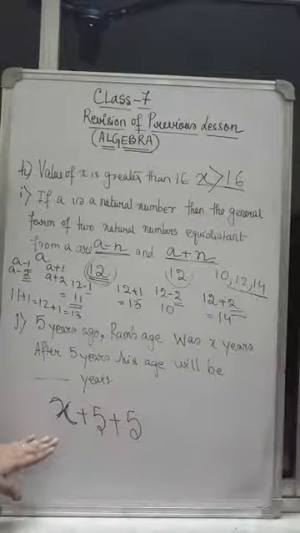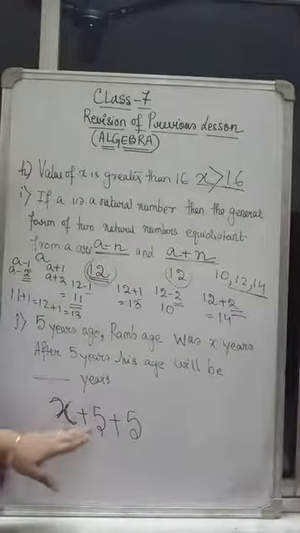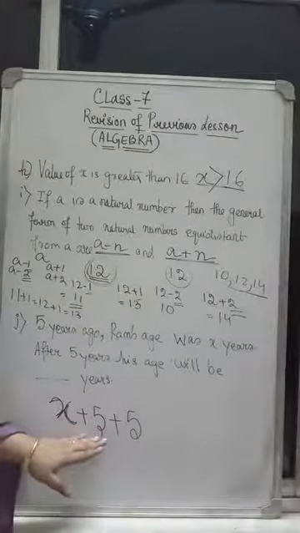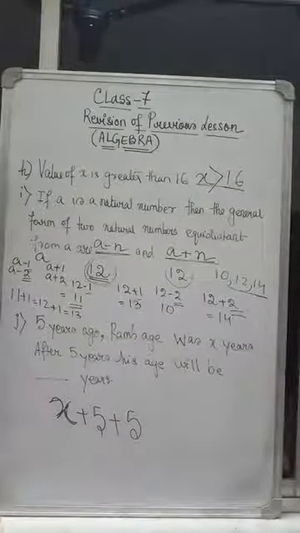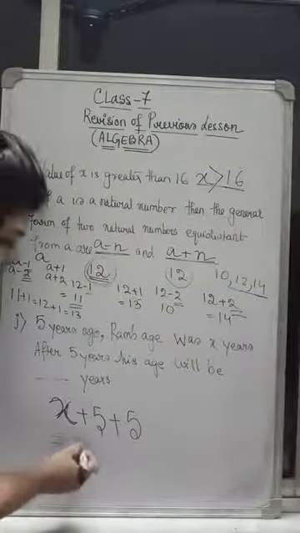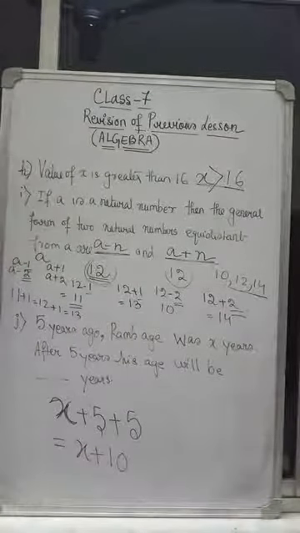So how many years has it increased? His present age will be X plus 5. And after 5 years, what will be his age? His age will again increase by 5 years, so it will be again plus 5. So his age will be X plus 10 years.